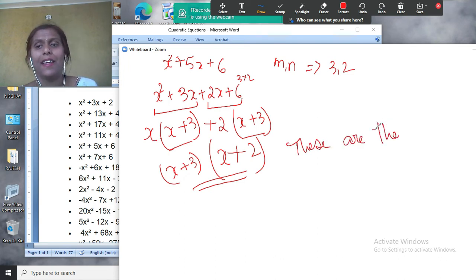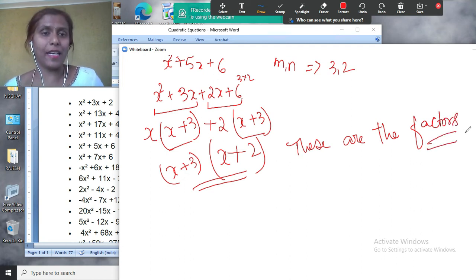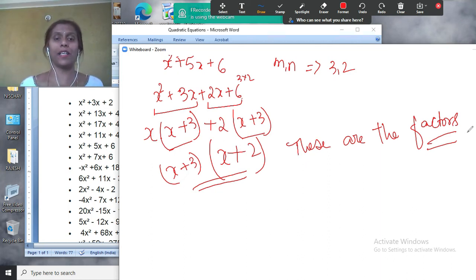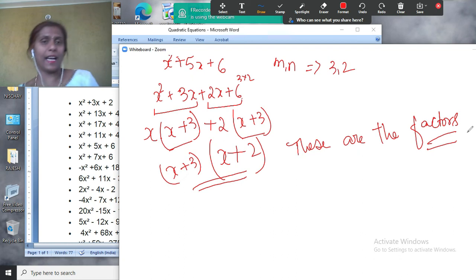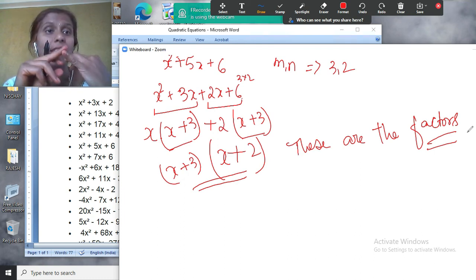Write it down neatly. Because I had repeated this earlier in this video itself, I don't want to repeat it again and again and waste your time. You may end up feeling it's a repetition, so for that sake, I'm skipping a few steps. First, step 1, you're writing: the given equation is of the form ax square plus bx plus c, where you find the values of a, b, c.